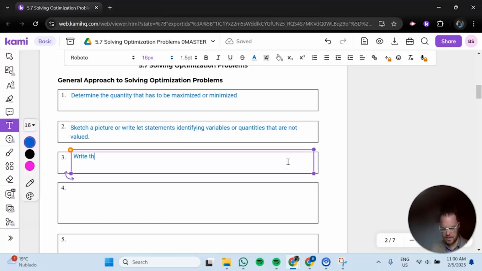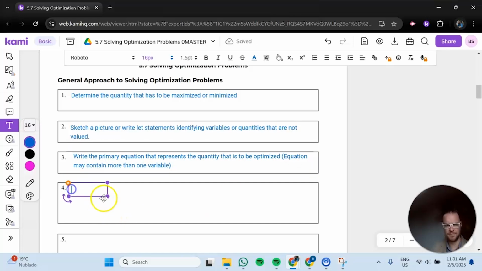Next, write the primary equation that represents the quantity that is to be optimized. The equation may contain more than one variable, as I was talking about, where we're going to sometimes get rid of some of them.